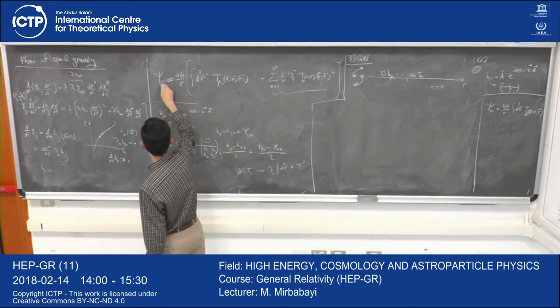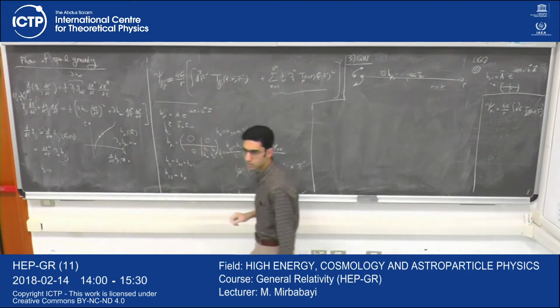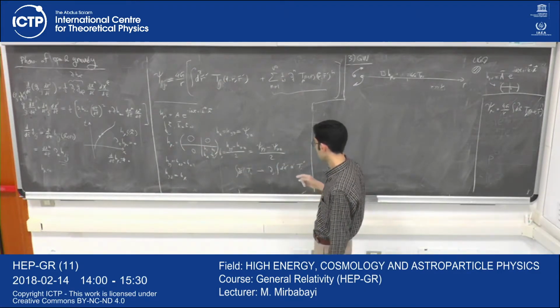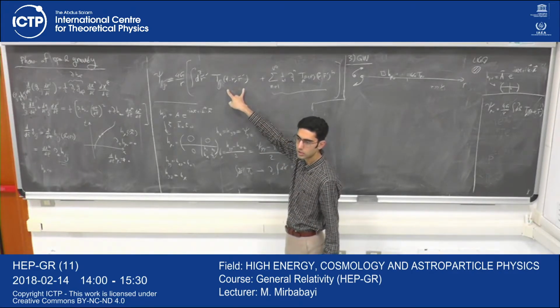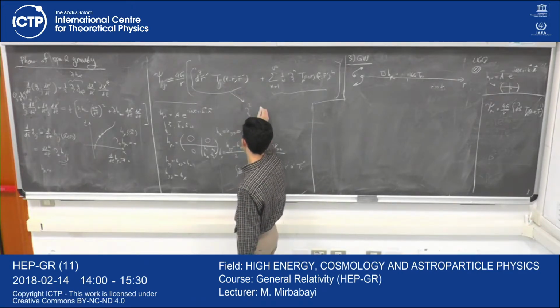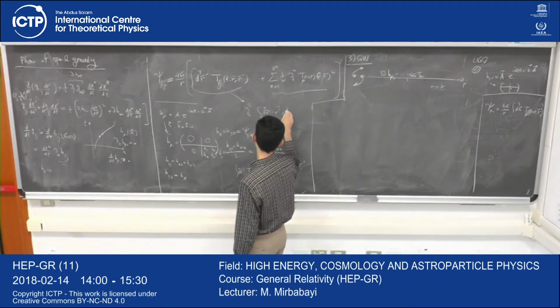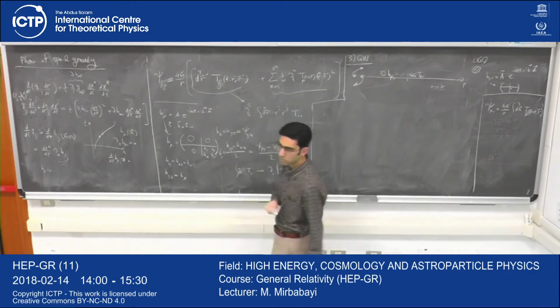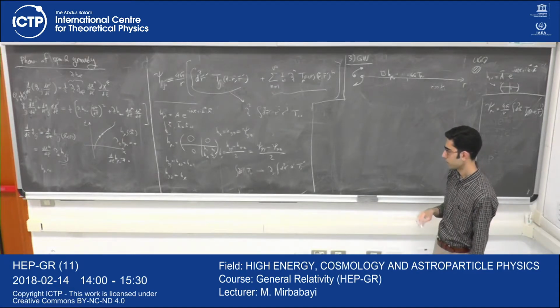Let me just do it here. If I want to look at psi ij, then there will be an integral of Tij. Then you can do a similar manipulation to relate the integral of Tij to the second time derivative of the integral of r prime i, r prime j times T00.